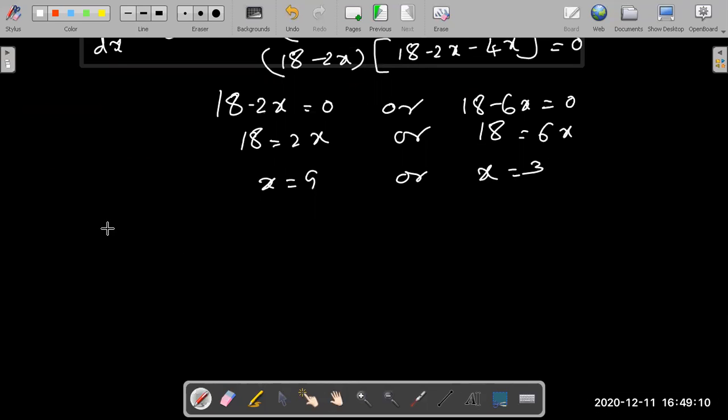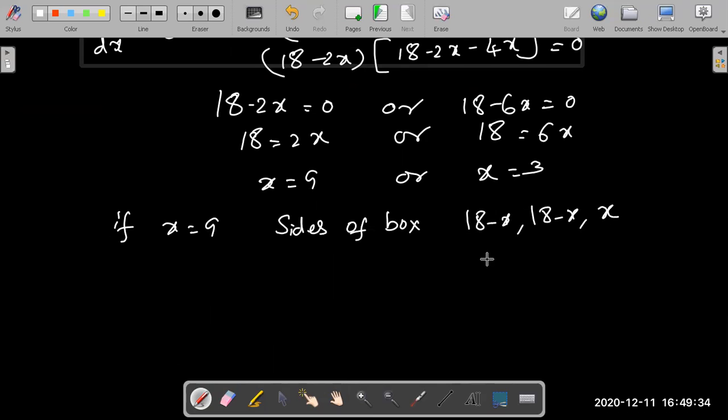So now if x equal to 9, then the sides of the box would be 18 minus x, 18 minus x, and x. That means this is 9, 9.